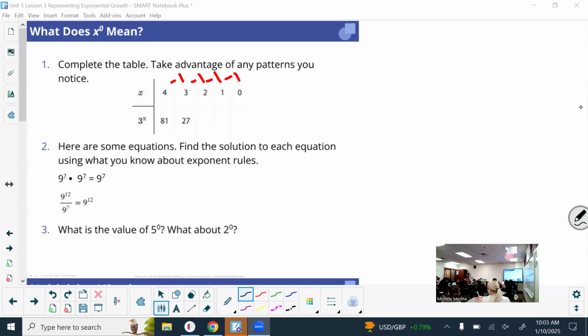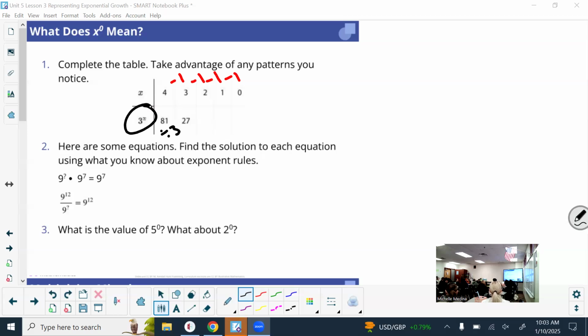Okay, so in this output column, to go from 81 to 27, I could divide by 3. Now, also something to notice, I think sometimes we get so used to it being a certain way that we missed that it actually had the rule here for how they're getting the outputs.